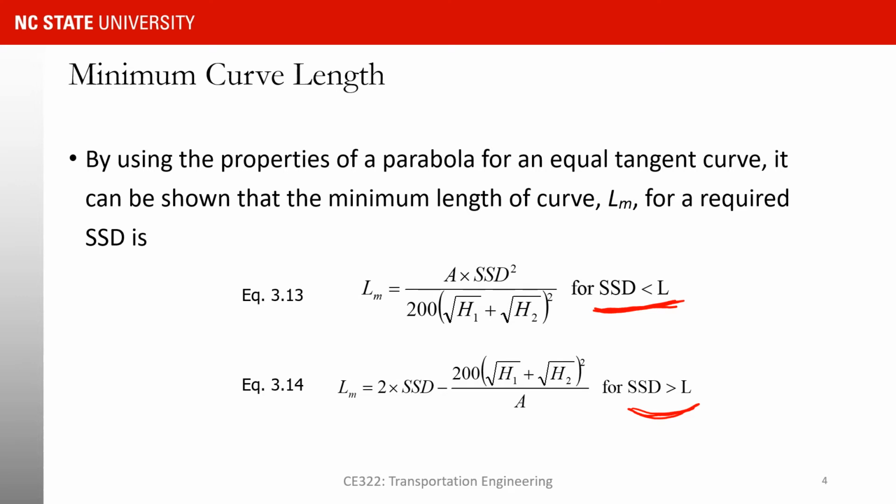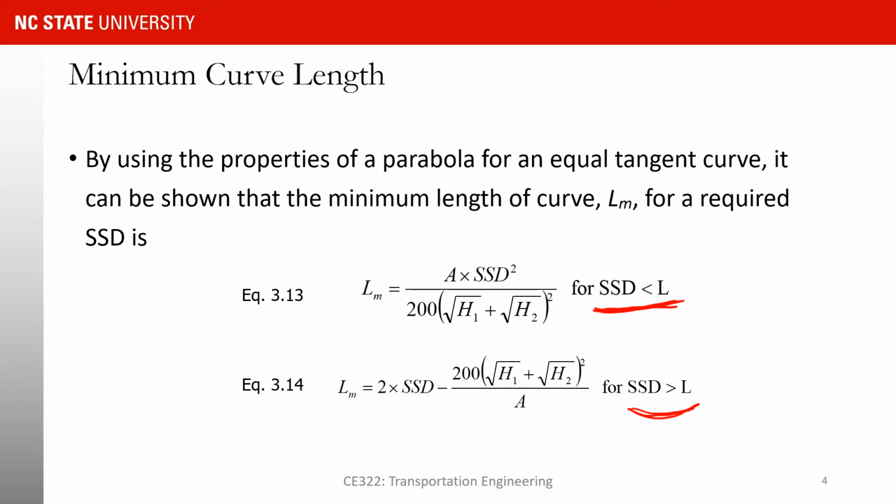So what is the first equation? The first equation says that the minimum length should be equal to A. Remember, A is the absolute value of G2 minus G1. So L is equal to A multiplied by stopping sight distance squared over 200 times the square root of H1 plus the square root of H2, raised to the power of 2.